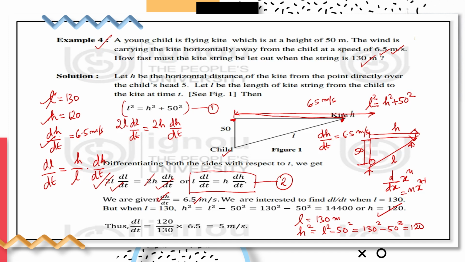Substituting the values in equation number 2 and solving, 120 is your h, 130 is your L, 6.5 is dh by dt. Solving, you will get 5 meter per second. So, this is the rate at which the kite string must be let out when the string is 130 meter. So I hope you understood how we solve this numerical.